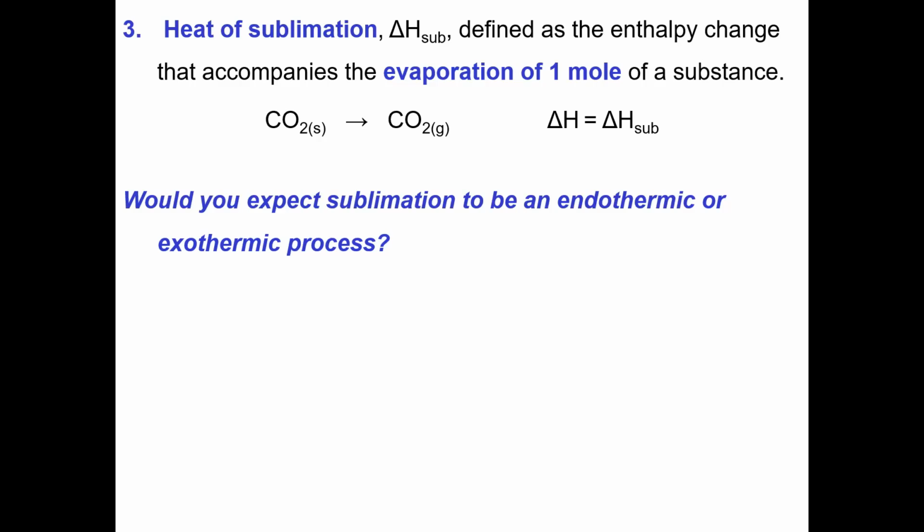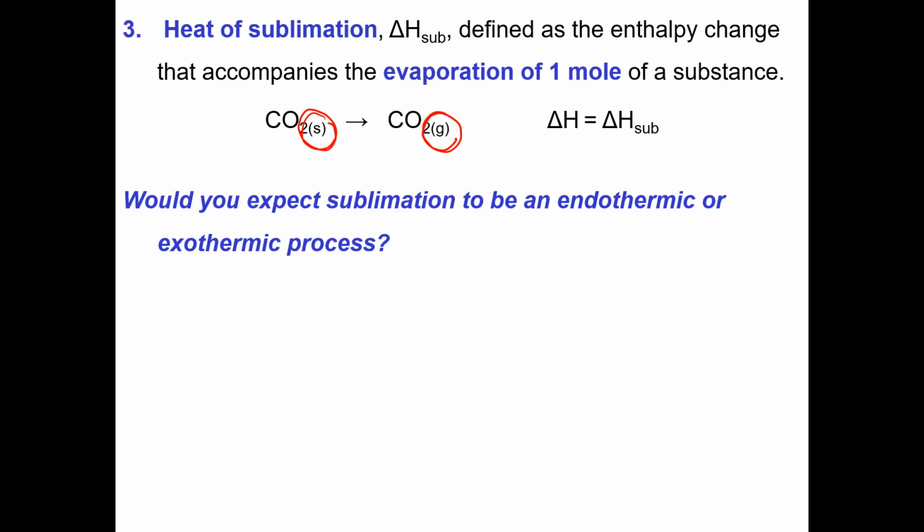The enthalpy of sublimation is going to become a little bit important later on when we talk about what are called phase diagrams, and that's the enthalpy change that accompanies the sublimation of 1 mole of a substance. So sublimation is when we go directly from the solid state to the gaseous state without going through the liquid. A substance that is well known for doing this is carbon dioxide.